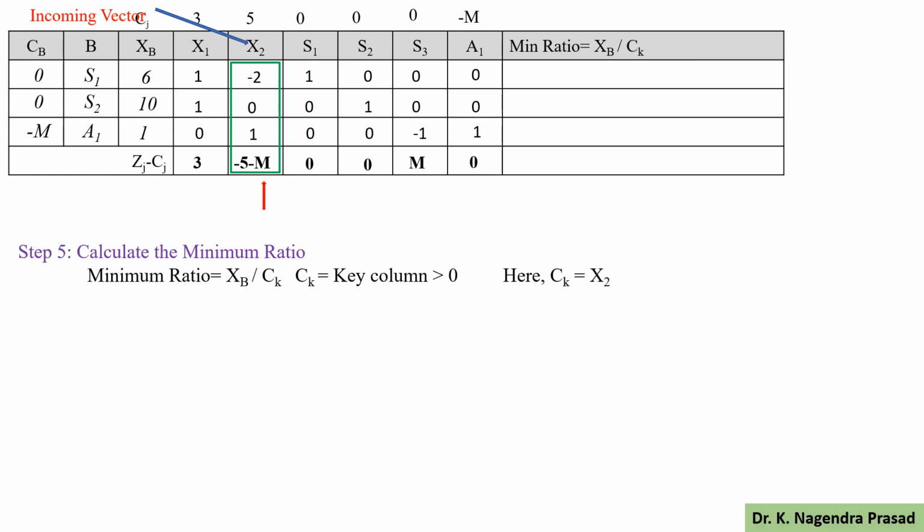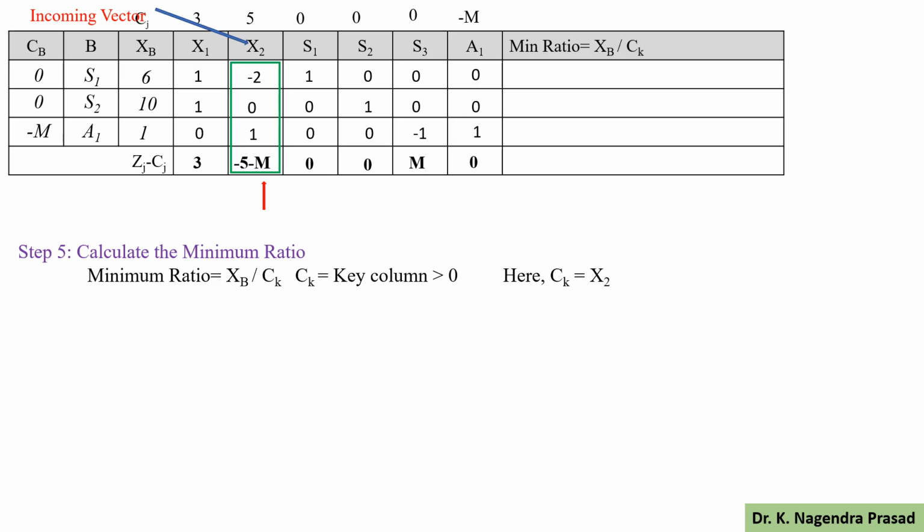Next step is to calculate the minimum ratio of xb divided by ck. Here ck is the coefficient values in the key column, so the key column is the x2 variable column. And one more thing, ck values should be greater than 0. If ck values are negative or 0, we do not calculate xb divided by ck for the respective row.